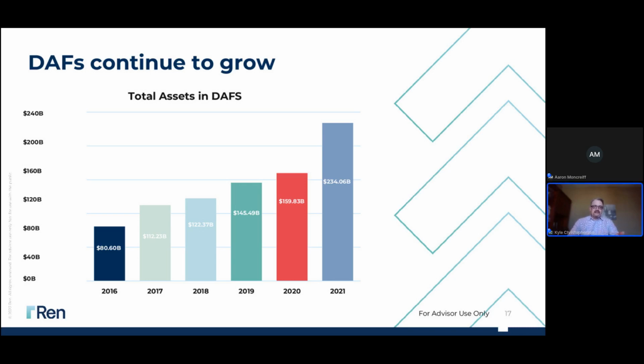From 2016, we show that the total value of the donor advised funds, when we look at every donor advised fund program in the country, was right at $80.6 billion in 2016. And just 5 years later, that has almost tripled to $234 billion of total assets.